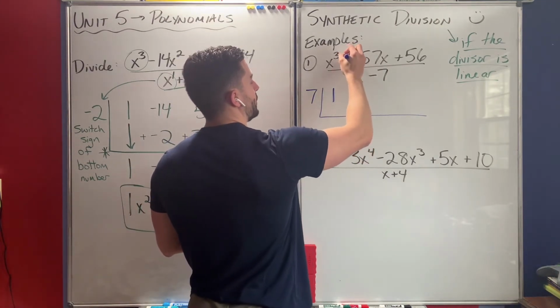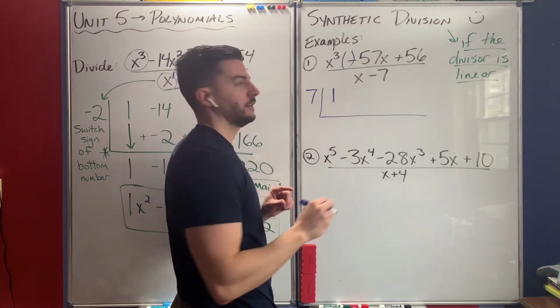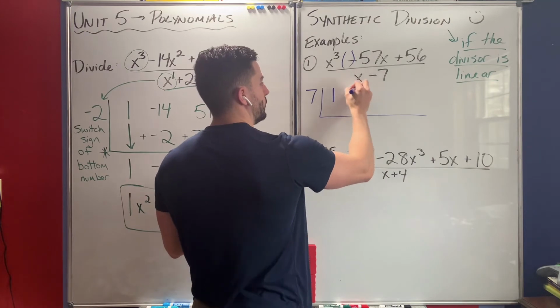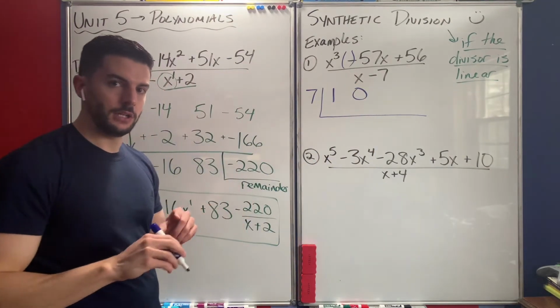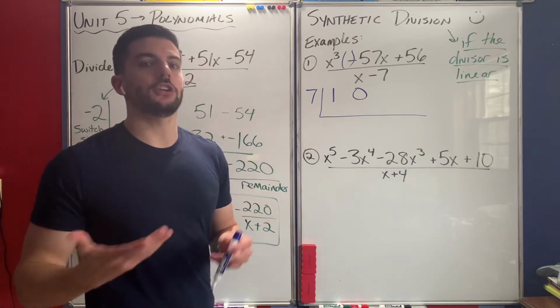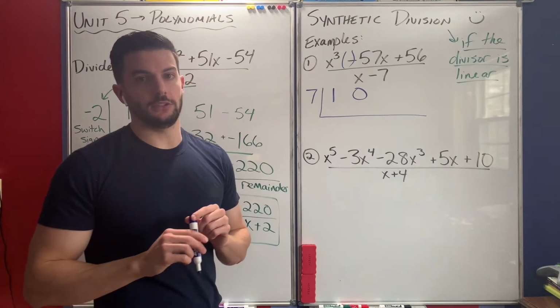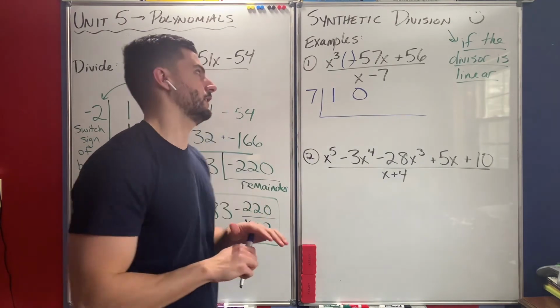So it's really important that if there's not an x squared term written there, you fill in that space with a 0. You have to be on the lookout for that with any missing x terms as you go down from the highest one. Otherwise, it's going to really throw off your answer.